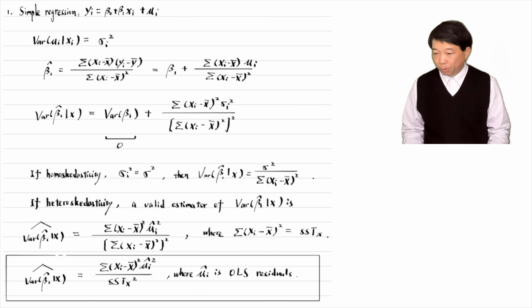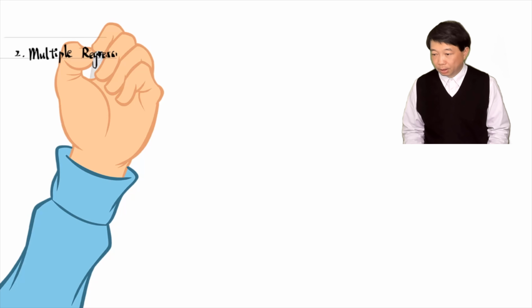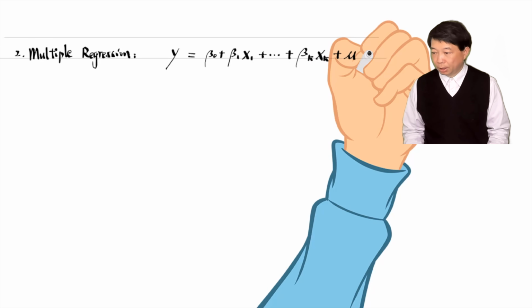In a multiple regression, the variance of the estimate for xj, beta j hat, has a similar structure.